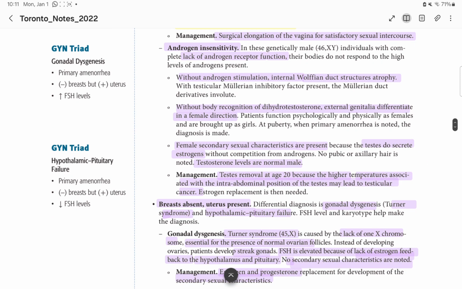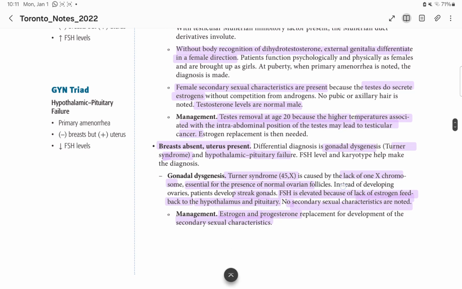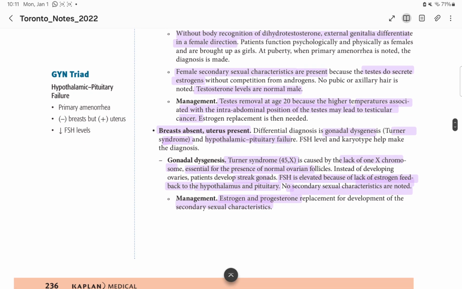In the management, testes are removed, and we are doing hormonal replacement. Estrogen replacement is then needed, as here, and it's seen after the removal at the age of 20.